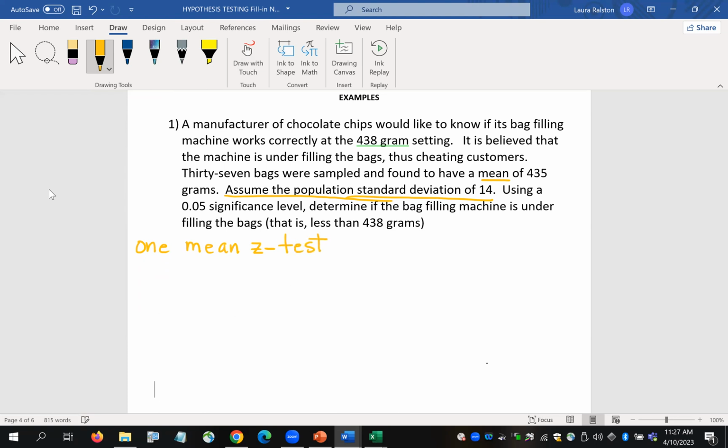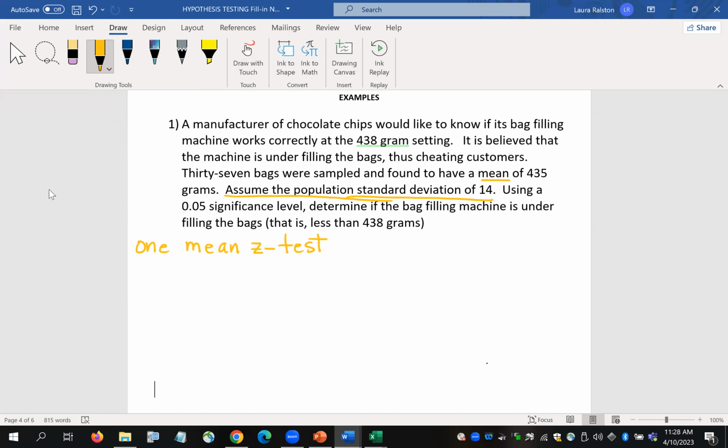And I'm pointing that out because later we're going to be talking about the one proportion Z test in Module 4. So when I'm reading this scenario, it's talking about the mean, so that lets me know it's a one mean test.